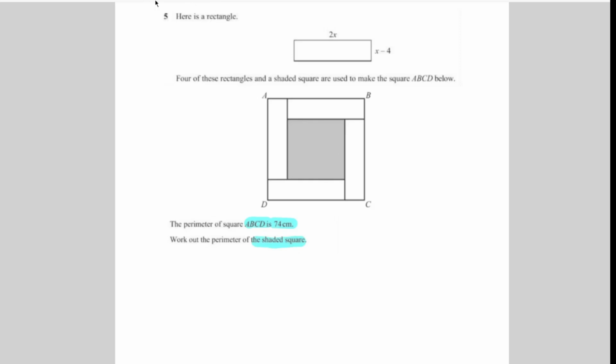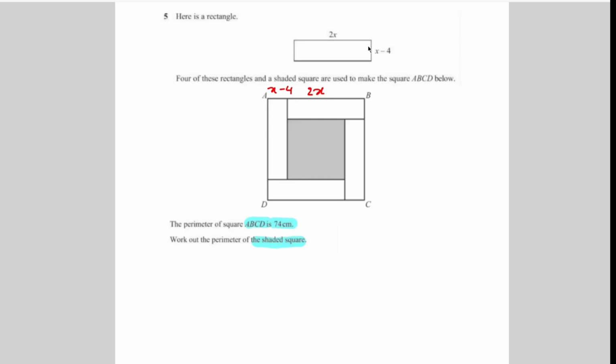Let's see the things that we've been given here. So we have this rectangle. 4 of these rectangles are used to create the square ABCD. Then we know that this is 2x, this is 2x, and this is x minus 4.